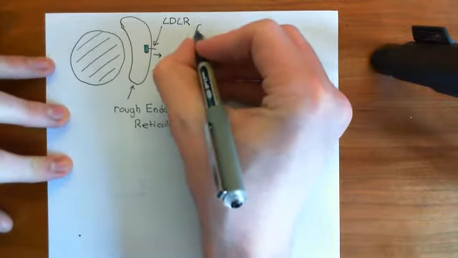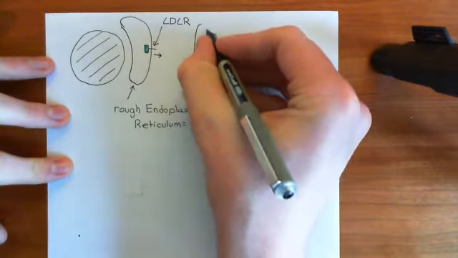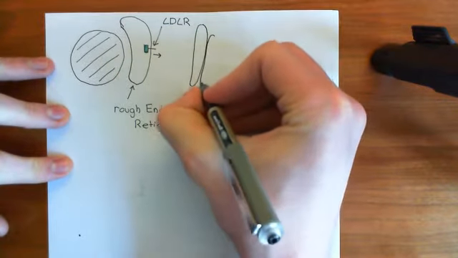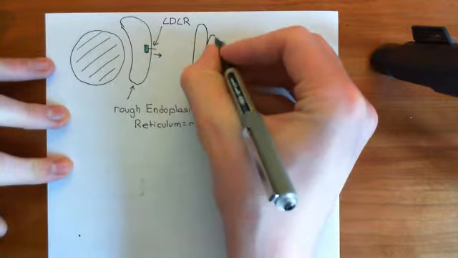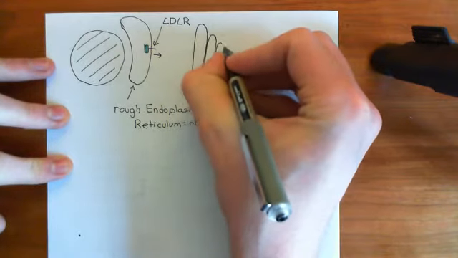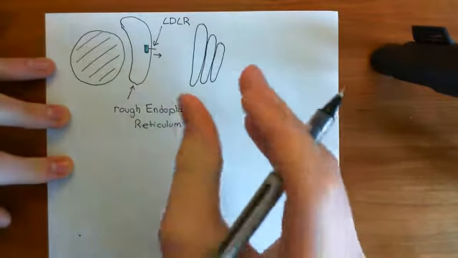So let me draw the Golgi apparatus here. The Golgi apparatus is also a membrane-bound organelle, and it consists of around 7 structures called cisternae. These cisternae are membrane-bound compartments in the shape of discs.